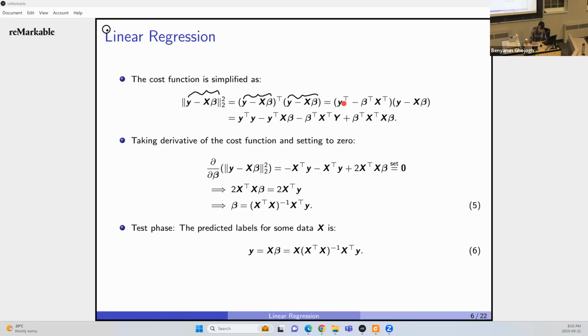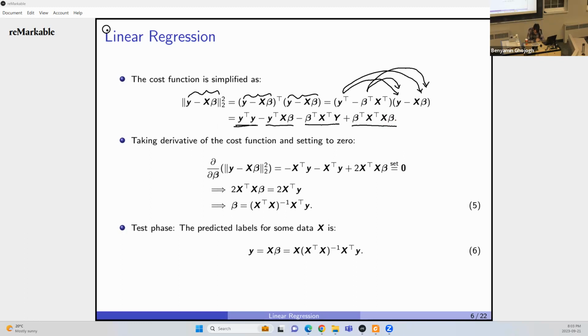So it becomes y transpose and this term transpose, but this is multiplication and transpose reverses the order in matrix multiplication. So I'll have beta transpose x transpose and also this. Now let's multiply the terms together. How many terms do I have? 2 by 2. So I'll have 4 terms. So this by this, this by this, then this by this, then this by this. So it becomes y transpose y minus y transpose x beta minus beta transpose x transpose y plus beta transpose x transpose x beta.